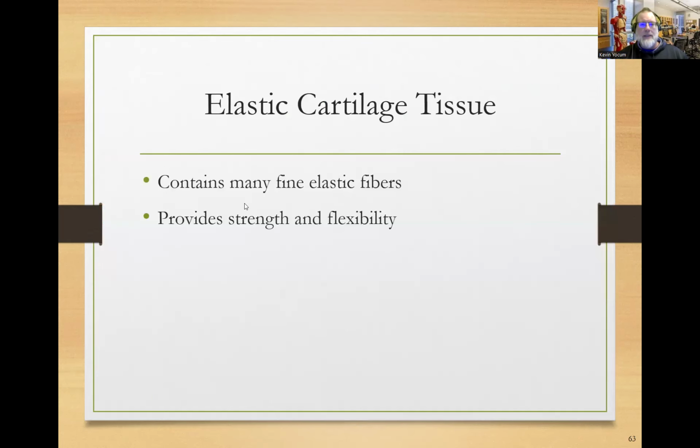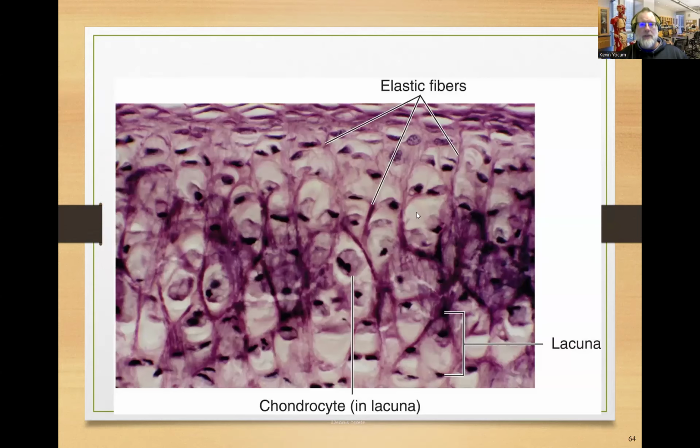All right, then elastic cartilage is going to have a lot of fine elastic fibers, providing strength and flexibility. So it's kind of in between the two appearance-wise. Hyaline cartilage is a lot of cells, a lot of matrix, not a lot of fibers.